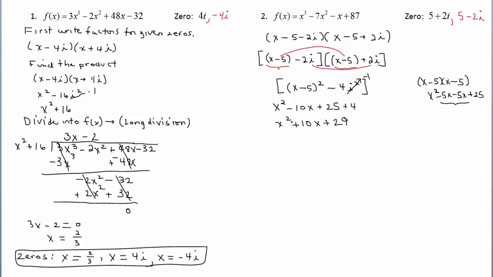Remember, the objective is to find all the zeros, and what we did next was long division. We're going to divide this quadratic into that cubic, and we're going to get a linear factor.